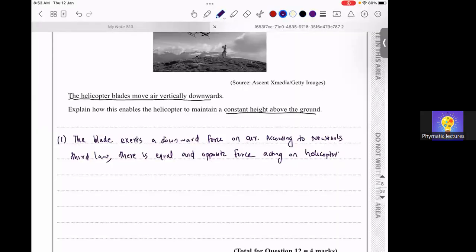And now, what will this opposite force do? That is the second point we will be elaborating. The opposite force, or in brackets we can say the upward force, balances the weight of the helicopter.